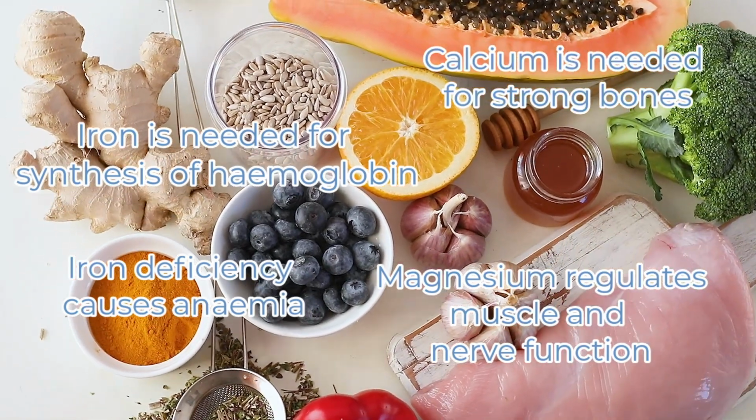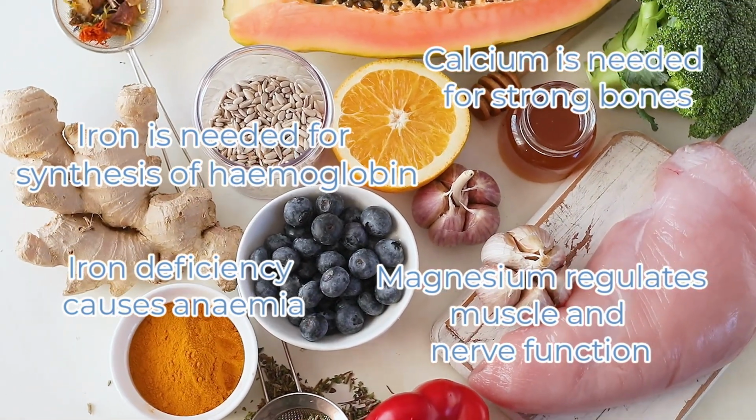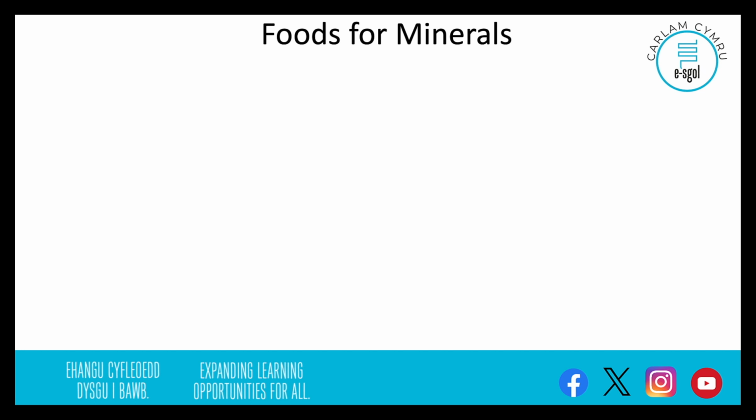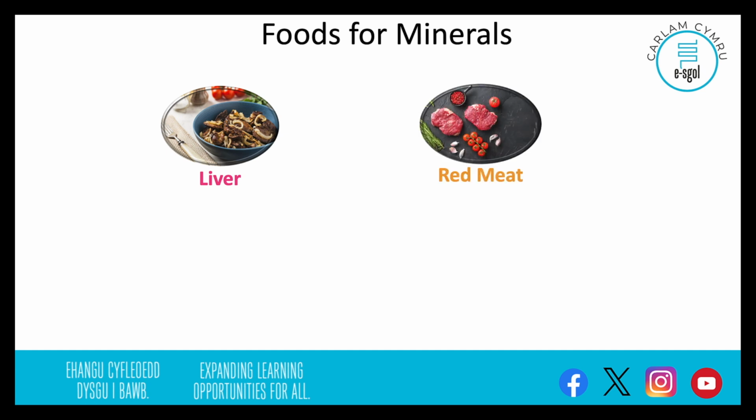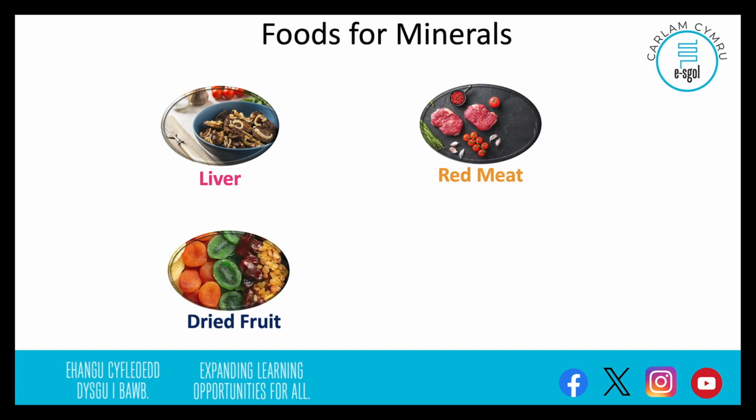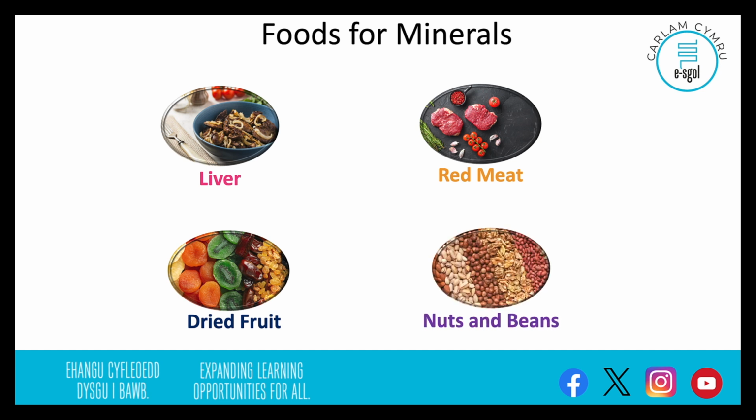Calcium is needed for strong bones. Foods rich in minerals include liver, red meat, dried fruit, and nuts and beans.